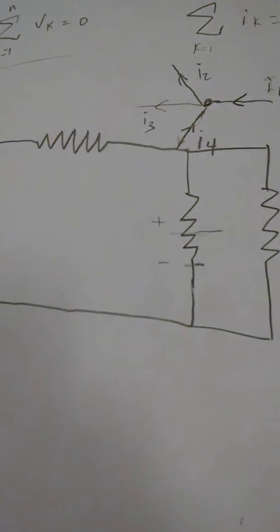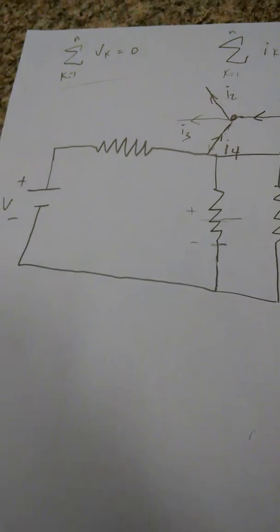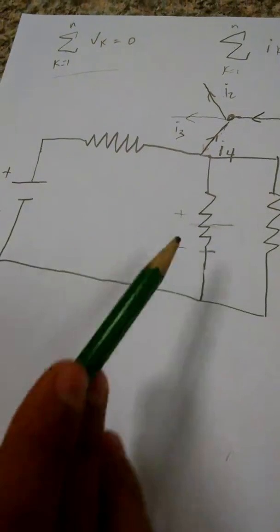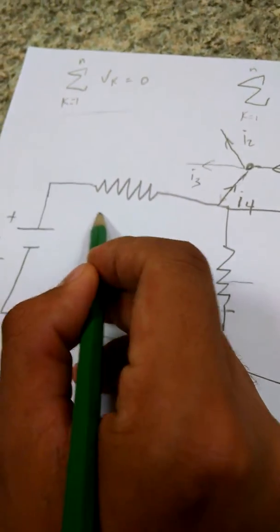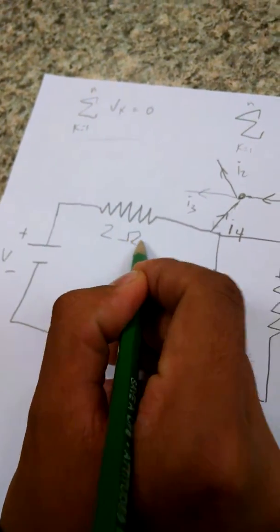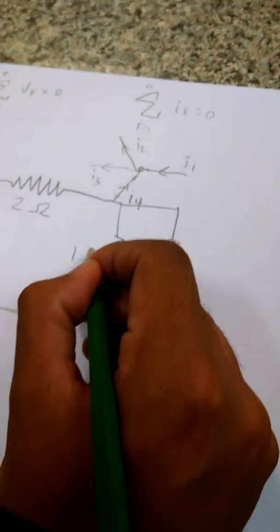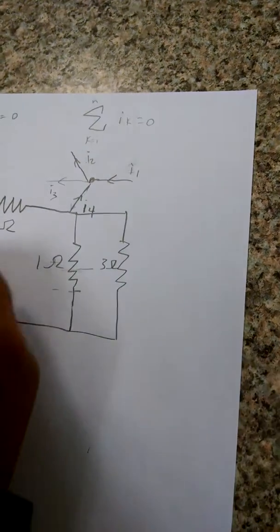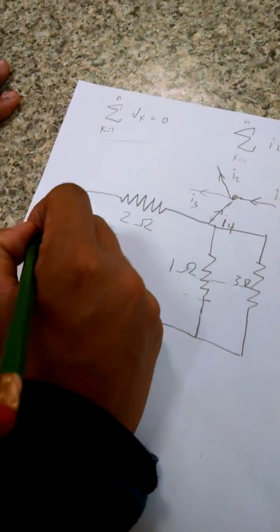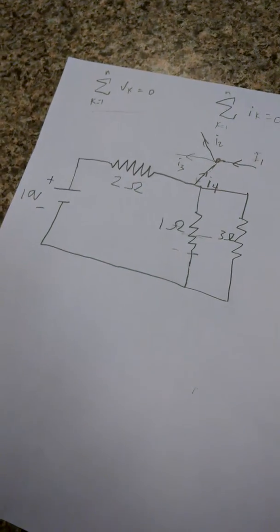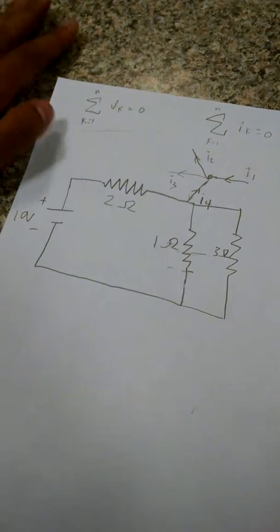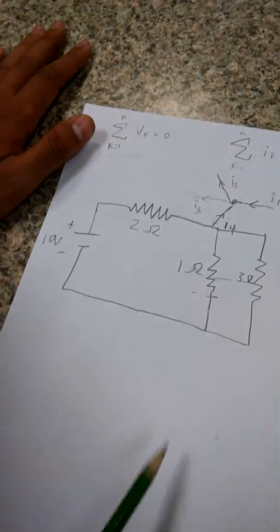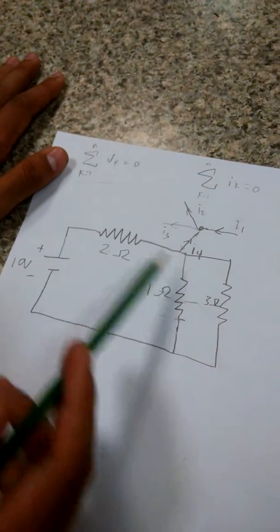So here's an example problem of Kirchhoff's law. If we have a battery here with 3 resistors, and we'll say this one is 2 ohms, this one is 1 ohm, and this one is 3 ohms, and this is 10 volts, then you probably learned in honors physics how to use equivalent resistance for the parallel resistors and then add these two.